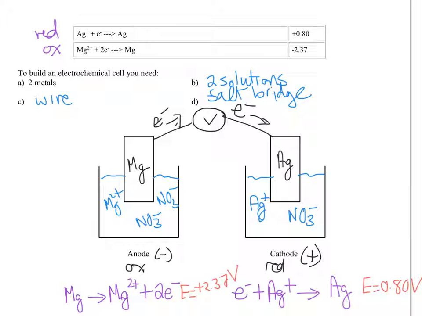The hot dog has water in it, and it has salt in it, and so it has a salt solution. So it functioned as a salt bridge. So let me show you what the salt bridge does. The salt bridge is something that connects the two half cells there. There's your salt bridge.